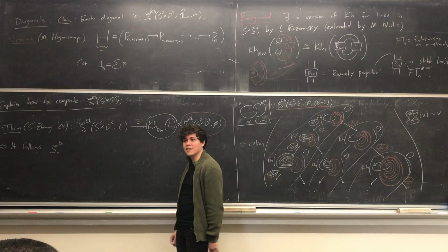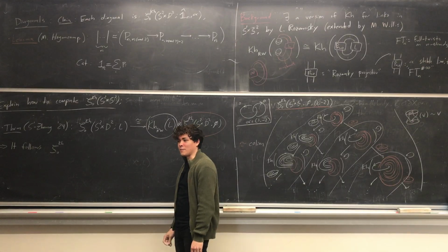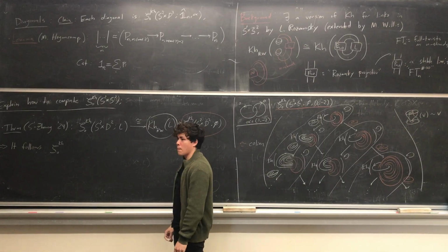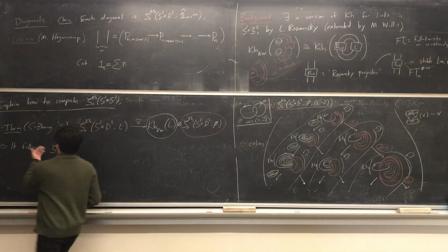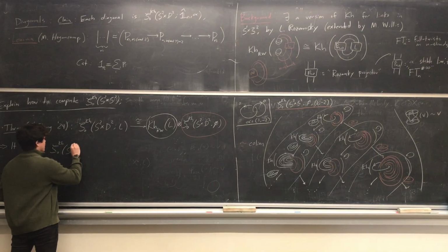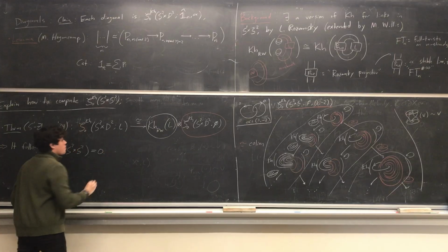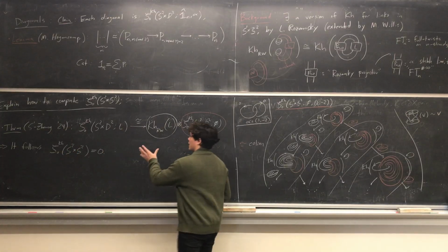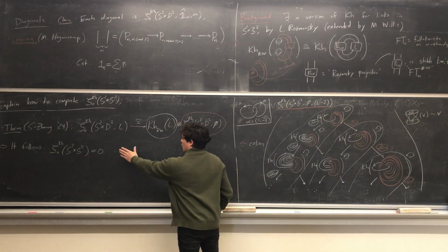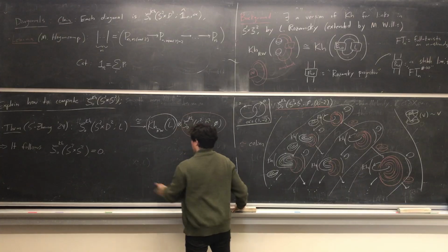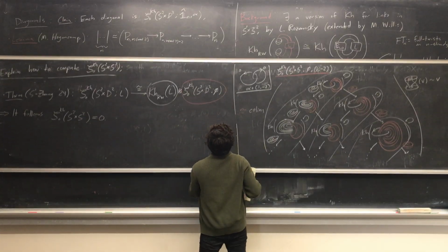Mystery. Very, very mysterious, yeah. Okay, so it'll follow from this theorem that S2 cross S2 is 0. But maybe I can sketch this and then show why that implies that, and then we can wrap up.